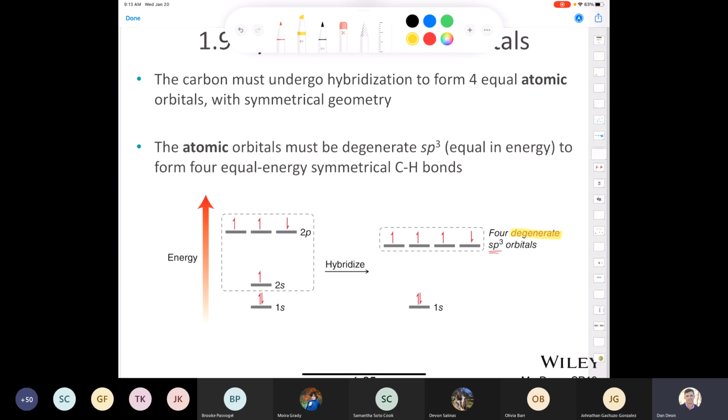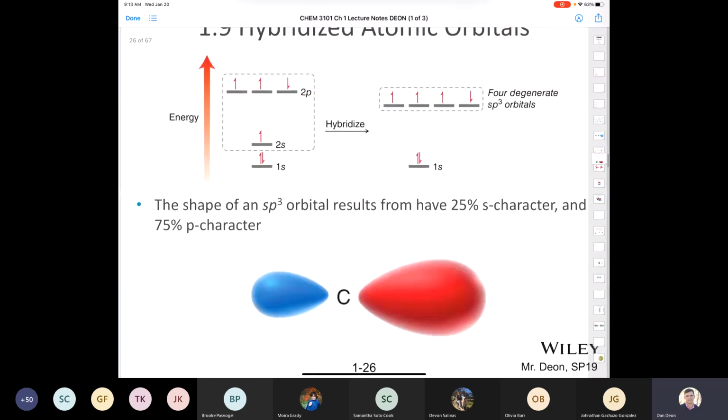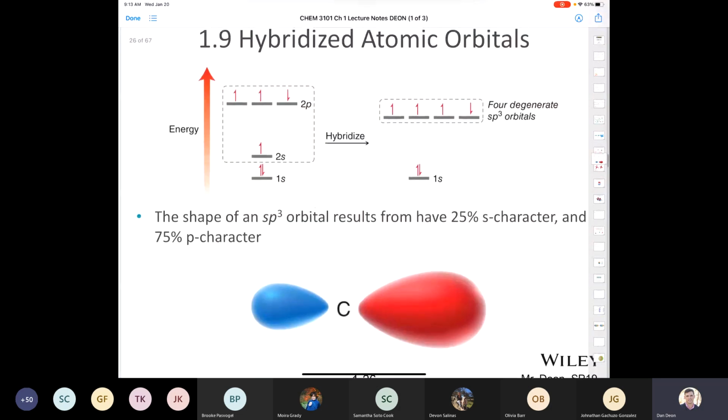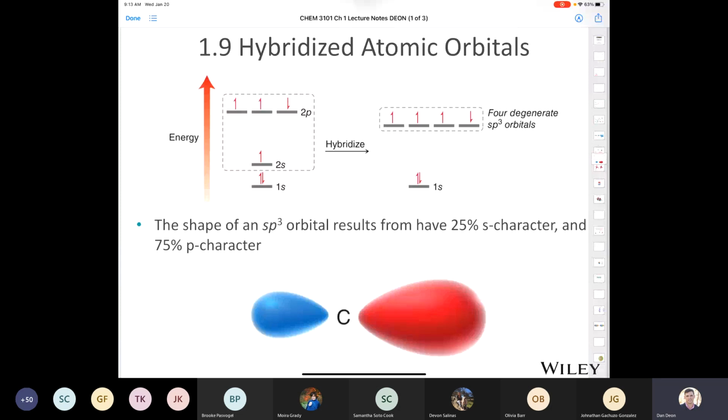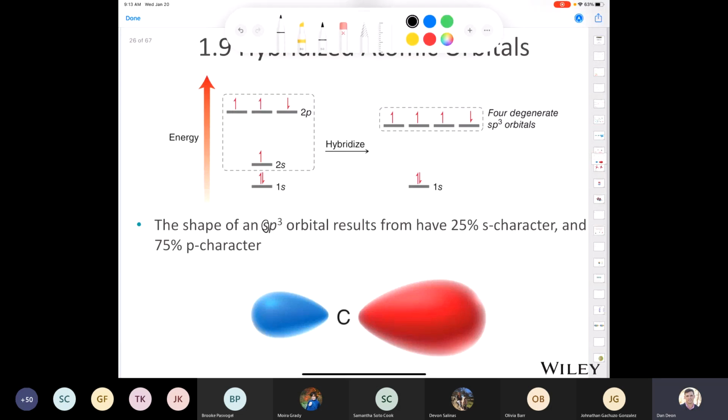So now we've explained why, when we draw carbon's Lewis structure, each one of those 4 electrons is going to be equally spaced out, and they're all going to be in an sp3 orbital. Think about it. The sp3 is 25% s and 75% p.